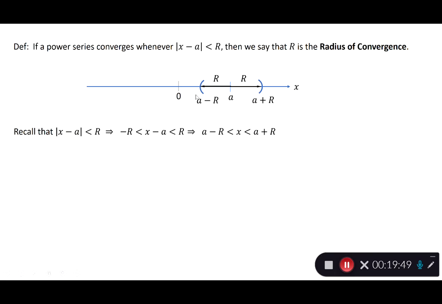Now pay attention. Now let's go to the definition. If a power series converges whenever the absolute value of x minus a is less than r, I'll pause there and rethink this statement this way: if a power series converges whenever x lies between a minus r and a plus r, then that r is the radius of convergence.